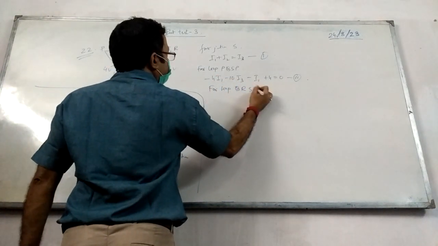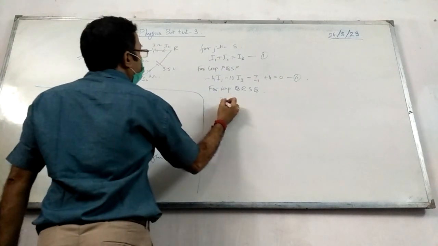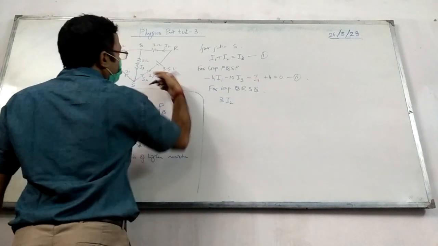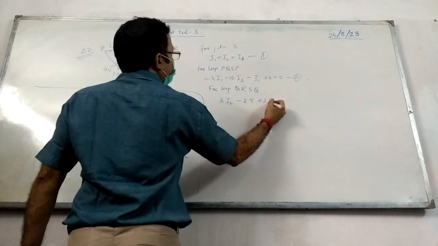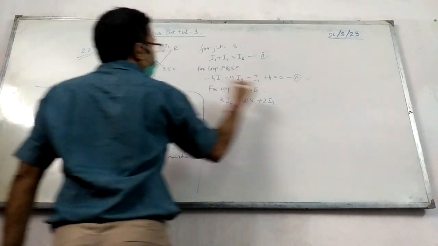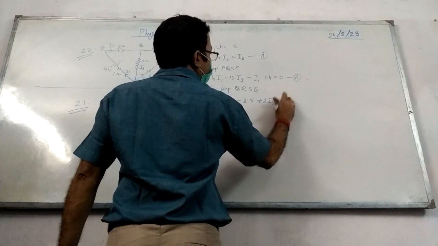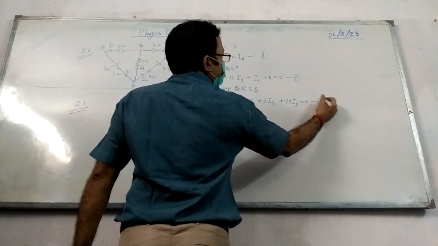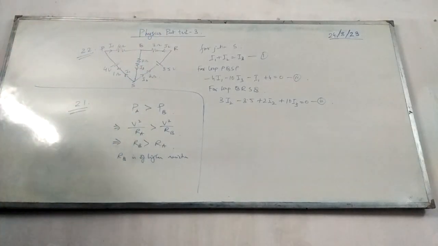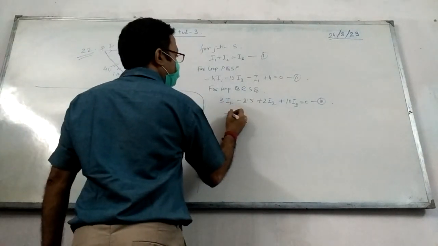And for loop QRSQ, इसमें potential rise 3I2 -3.5 plus 2I2 and then plus 10I2 equal to 0. This is equation 3. Now we solve for I1, I2, I3.